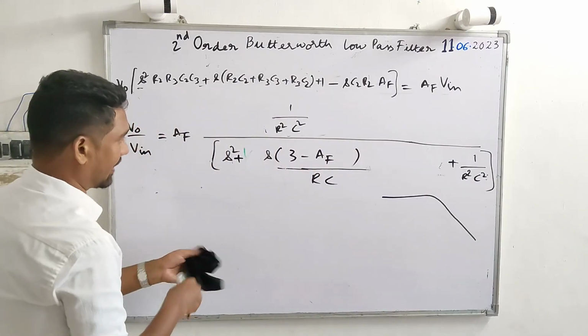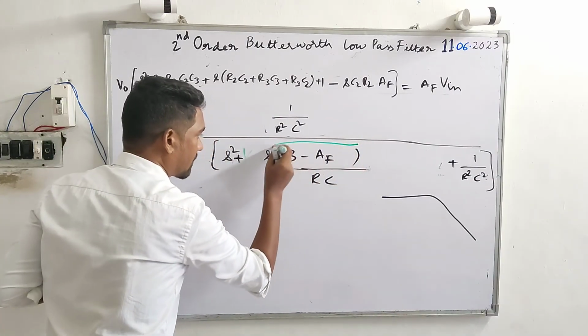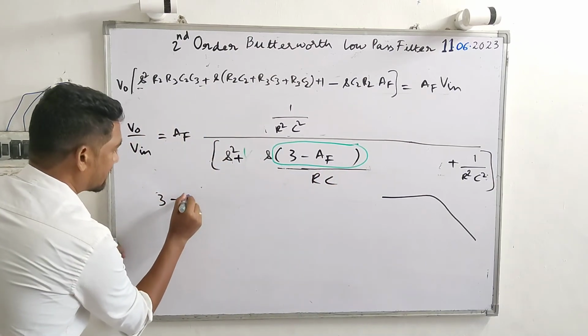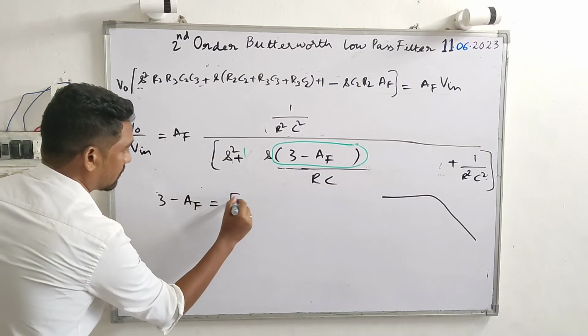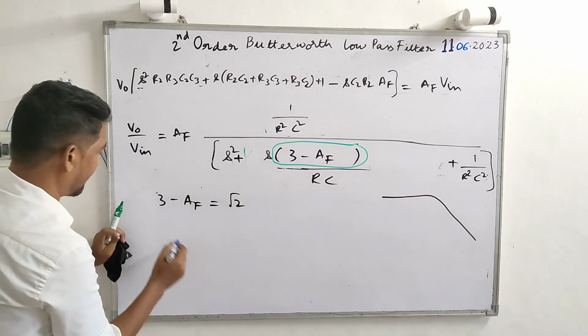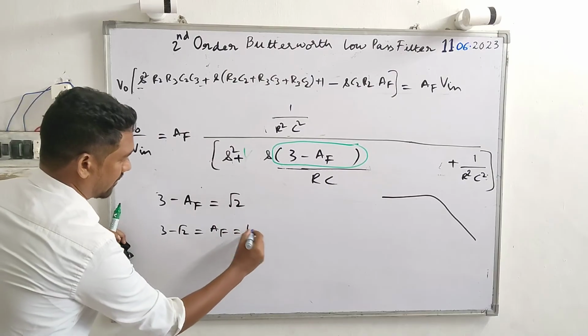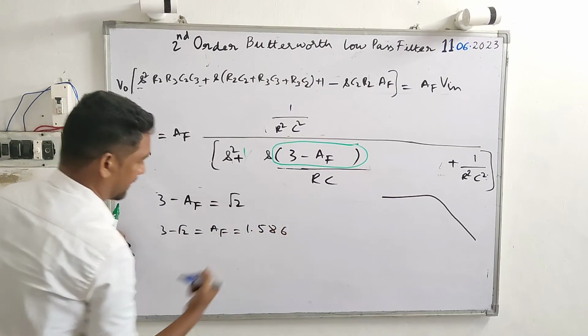This says that 3 minus AF should be equal to root 2. In the sense AF equals 3 minus root 2, which is equal to 1.586, something like that.